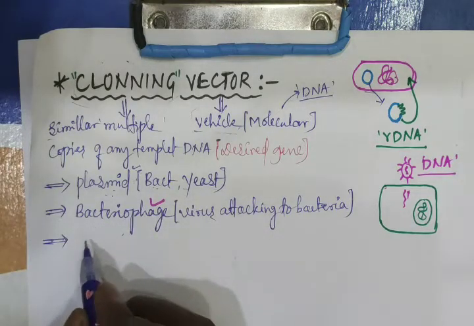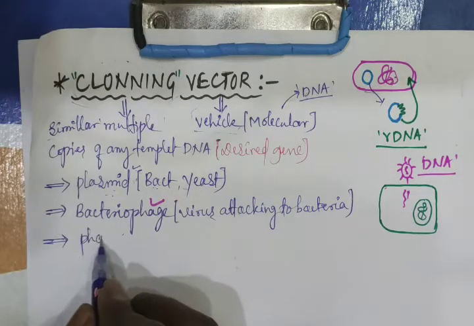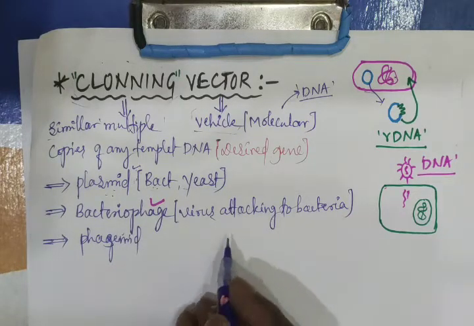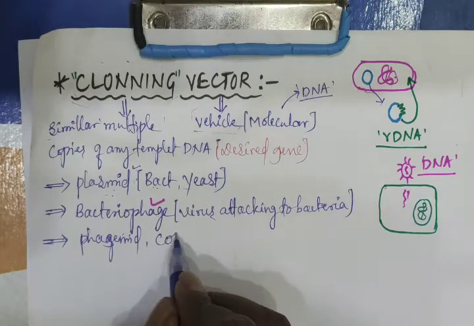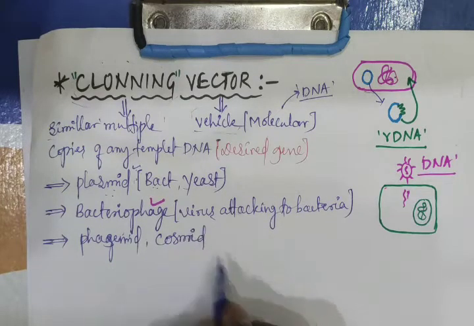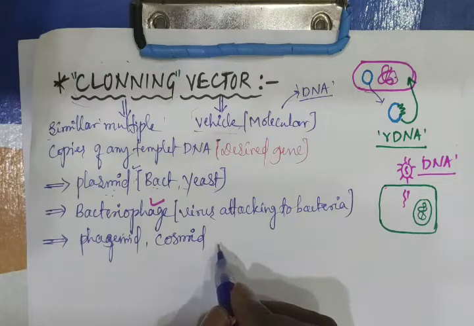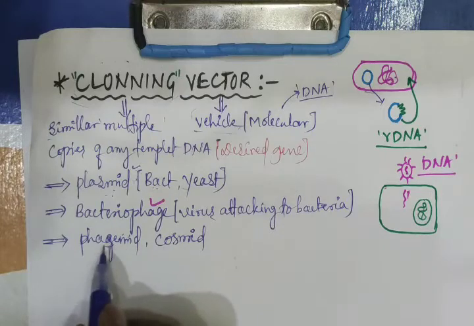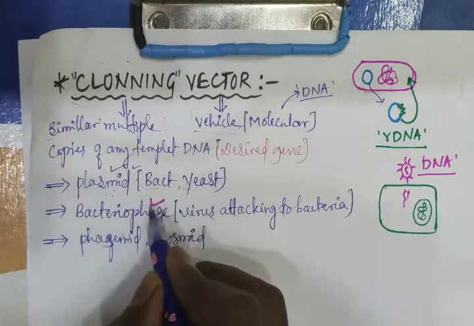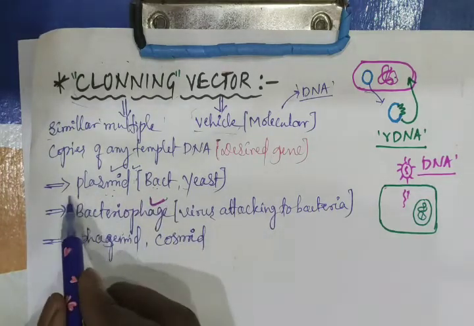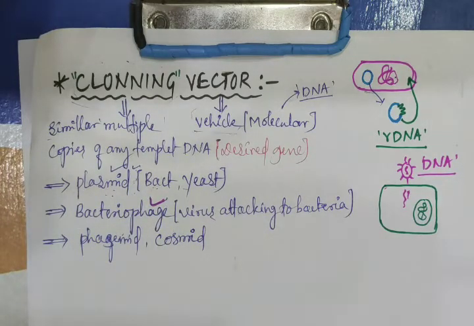For example, we have Phagemid. This is also one cloning vector. And one more is there, Cosmid. So these two are also working as cloning vectors. But for our syllabus, we are majorly focusing on these two cloning vectors. One is the plasmid, one is the bacteriophage. Are you getting the point?